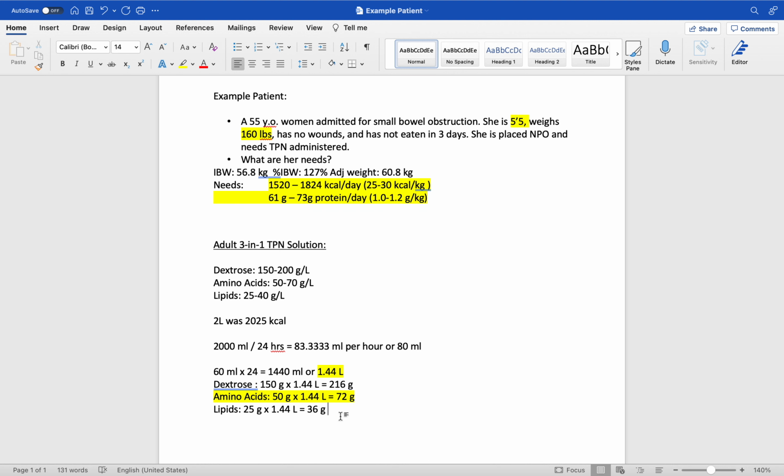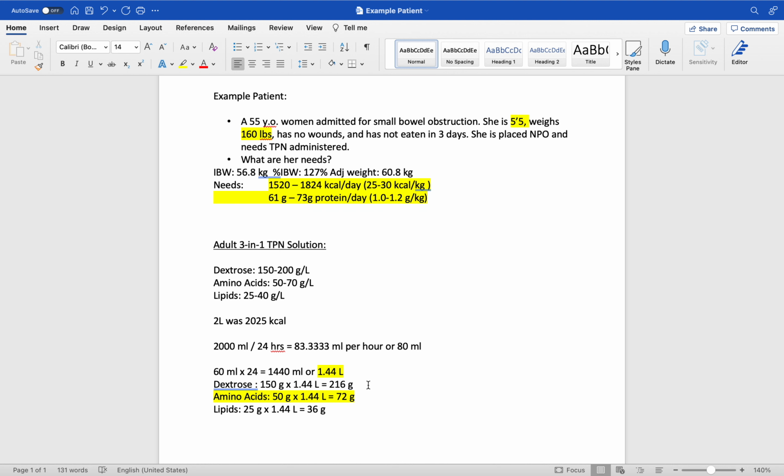So that's giving me an indication that this rate, this 60 mLs per hour, is the correct rate. But we'll see what we get for the calories. But right now, that gave you a really good indication that I'm in the ballpark of where I need to be. And so that's why I love calculating out the amino acids, because they usually tell you if you're close or not. And if this said like 50 or this said like 102, I'd be like, okay, not correct, not at the right rate.